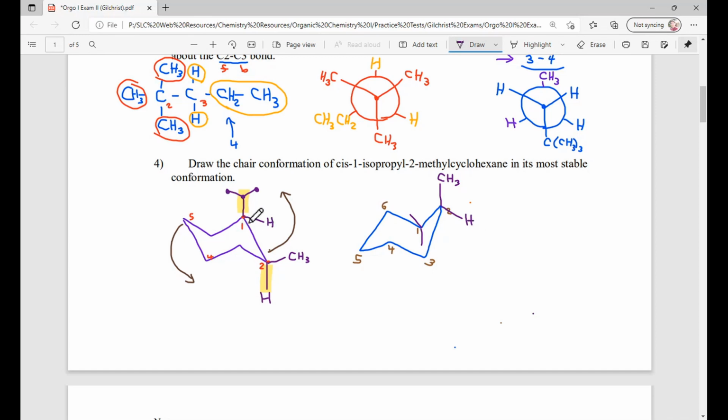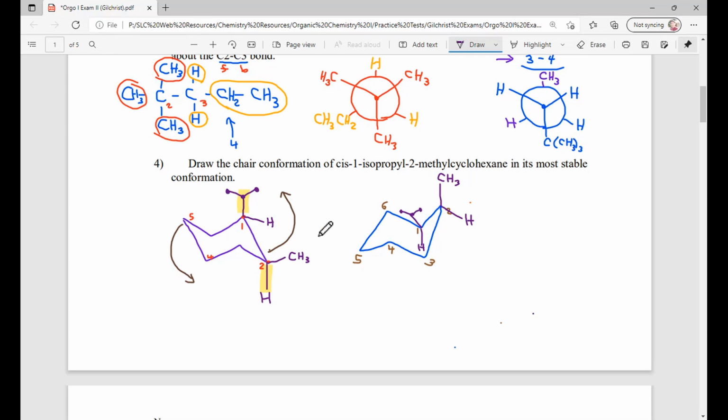On the other hand, the isopropyl group on carbon number 1 is still in the up position relative to its hydrogen. So that means you have the isopropyl group sticking out here laterally in the equatorial position, with your hydrogen being down in the axial position.